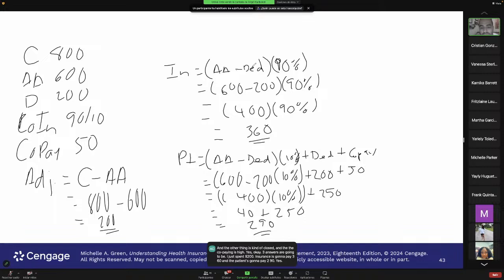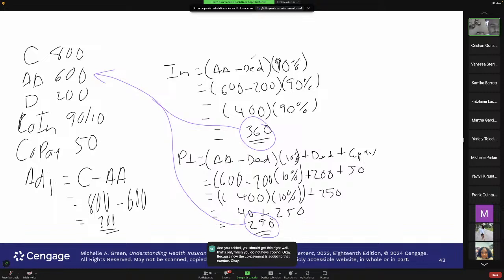Yes? Oh, there's something wrong, right? Or no? I said that if you take this, and you take this, and you add it, you should get this, right? Well, that's only when you do not have co-payment, okay? Because now, the co-payment is added to that number.